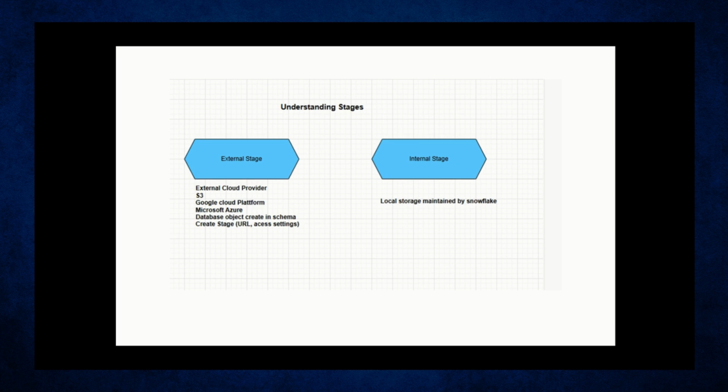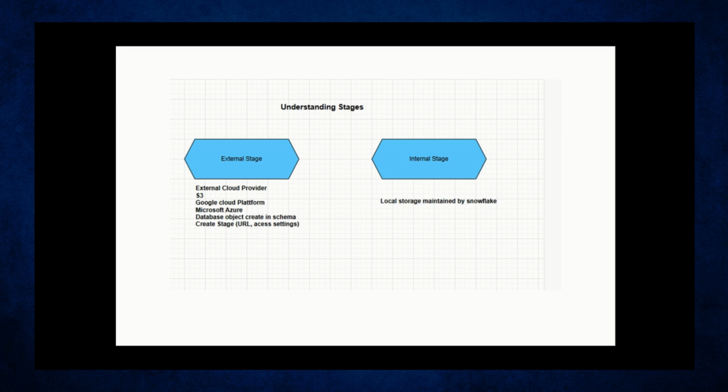So this is basically a database object with different properties, and we use it to load the data. Are you clear about what stages are? If you don't understand, please do comment, and if you need more information, let me know. I will reply in the comment section.